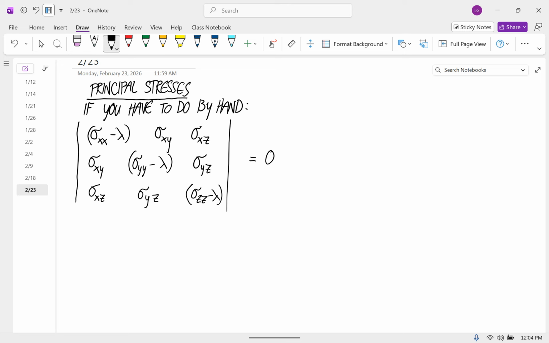In general, that means solving a cubic polynomial, which is troublesome. But when you solve a cubic polynomial in general, you get 3 roots, and those roots are your principal stresses.